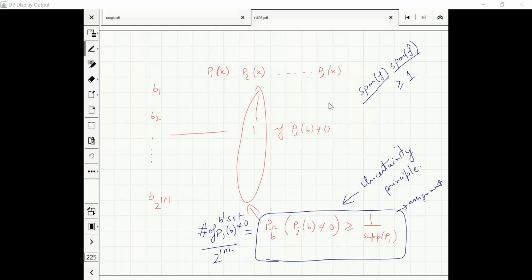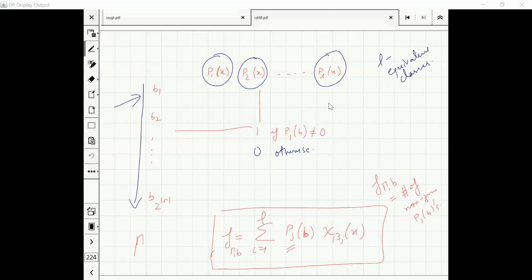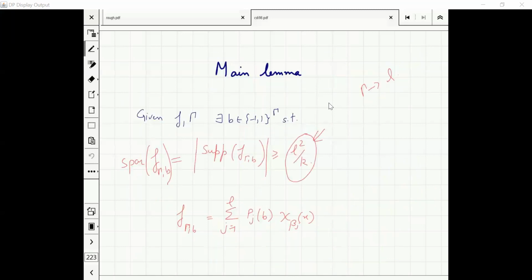The proof is given in the notes, but what it says is that every column has a decently high number of ones. If that is true, then at least one of the rows should have a high number of ones. That's the intuition. That's the proof for your main lemma. You wanted to show that there exists a restriction which has high sparsity.